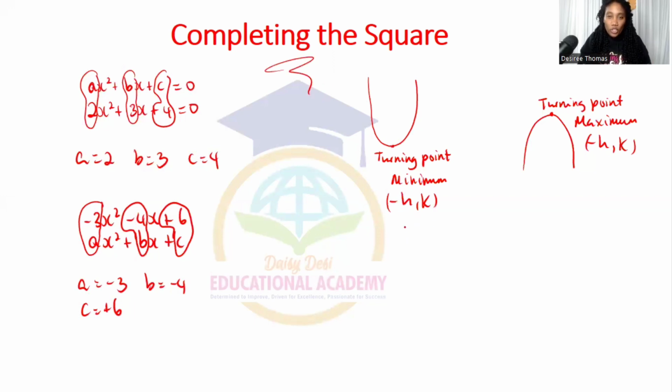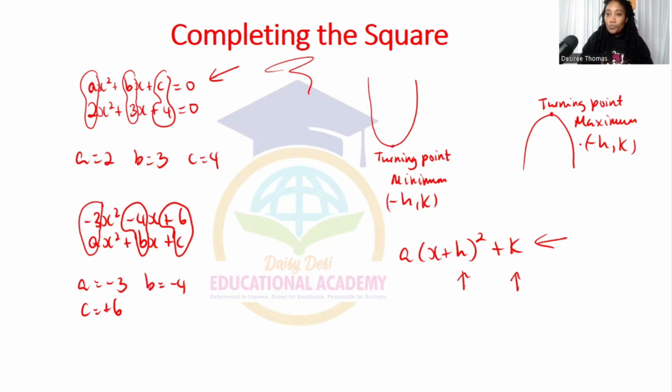Usually the question will say to complete the square, or to write in a particular form, and that form is a, open bracket, x plus h, squared, plus k. This is where your h and your k come from. After you complete the square and write your quadratic in this form, you can determine the values of h and k so you can get your turning point.